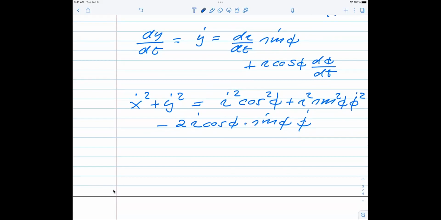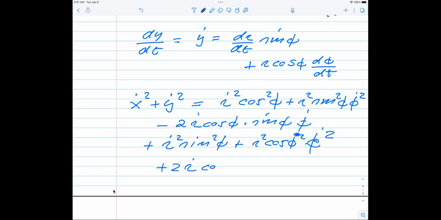Sorry, this is x, and now I can plug in everything. This is the y term. I have r dot squared times sine squared phi, plus r squared cosine squared phi times phi dot squared. And finally, plus 2 times r dot cosine of phi times sine of phi multiplied with phi dot.